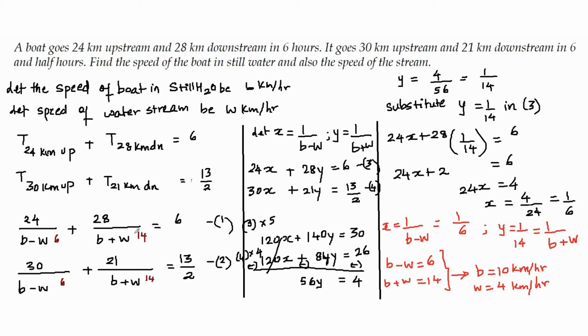So 28 by 14 becomes 2 and 24 by 6 becomes 4, and 4 plus 2 becomes 6. At the same time, 30 upon 6 becomes 5 and 21 by 14 becomes 1.5. So 5 plus 1.5 is 6.5, which is equal to 13 by 2, right? So the given values of b and w definitely satisfy the given conditions, and hence our answer is right.